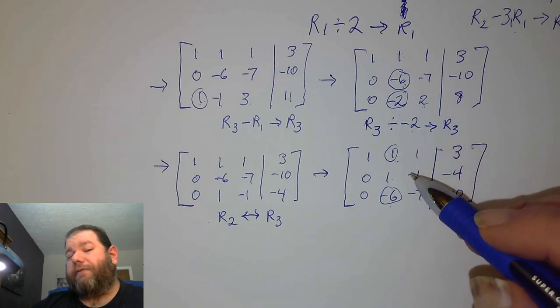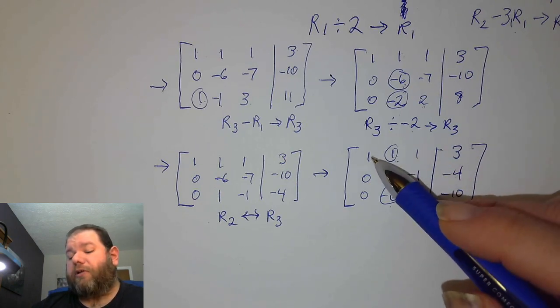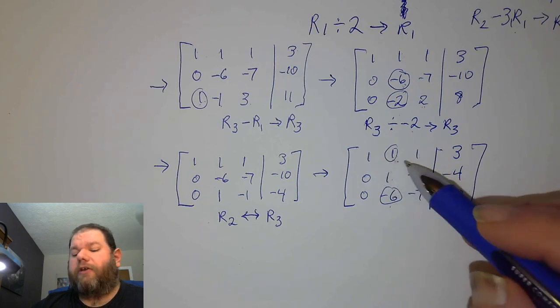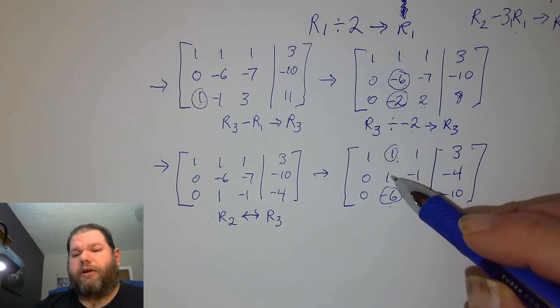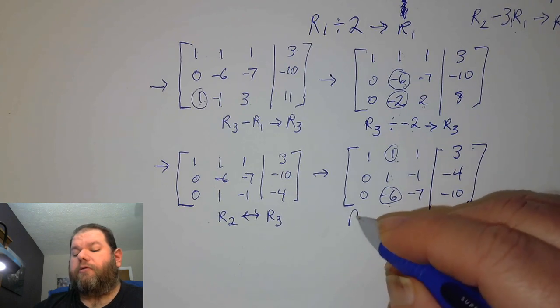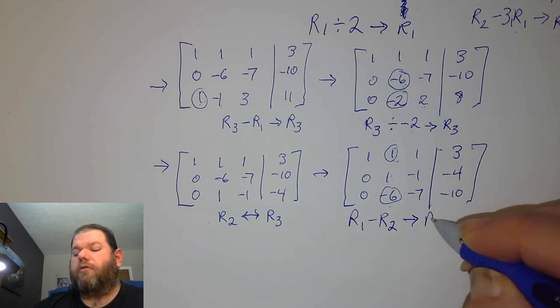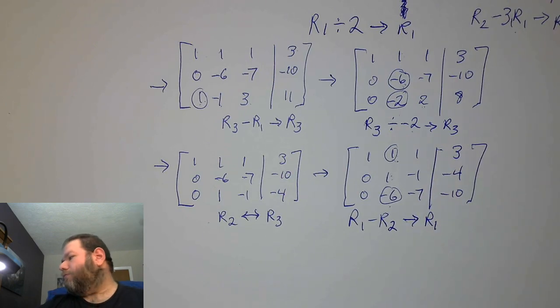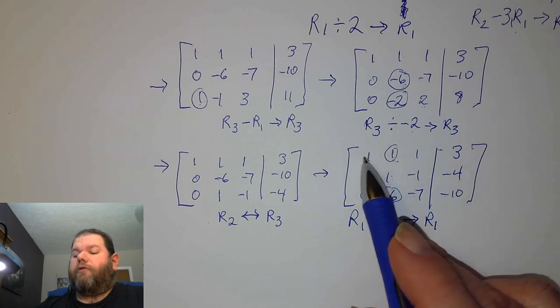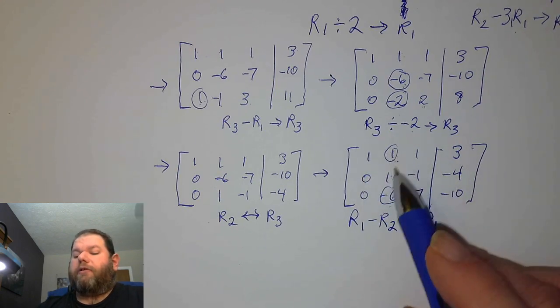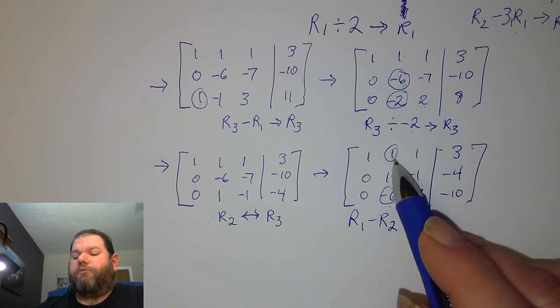Now we have to be careful of the order of subtraction in this case. We want to leave this as a positive 1. So we'll start with R1 and then just subtract R2. So take row 1, subtract row 2. That'll cancel out this, so a 1 minus 1 would give us a 0 there.